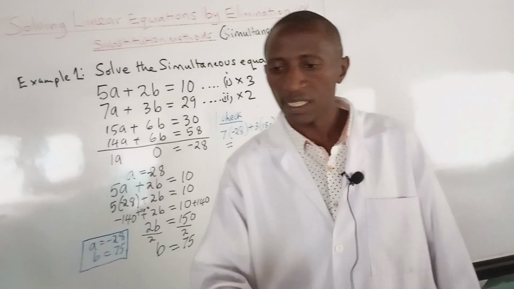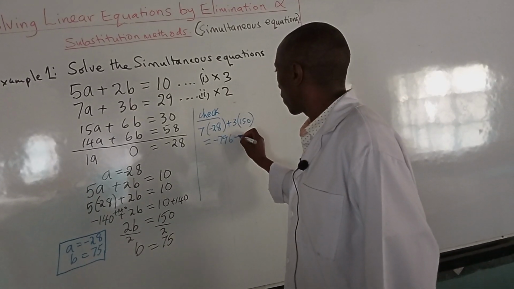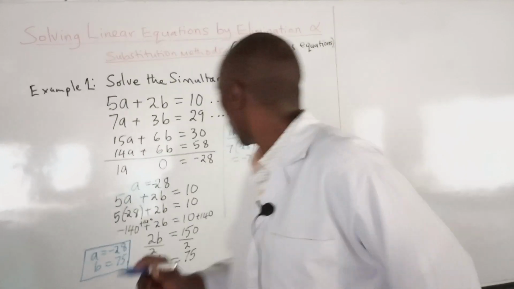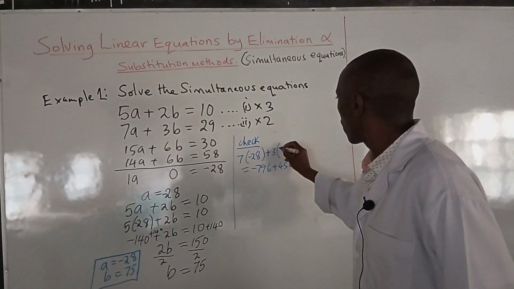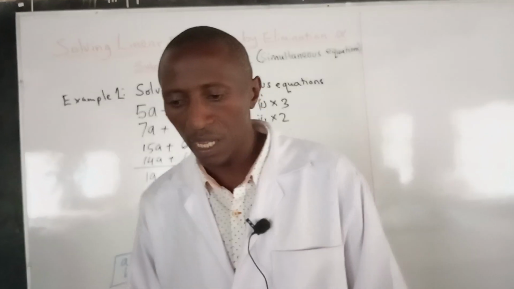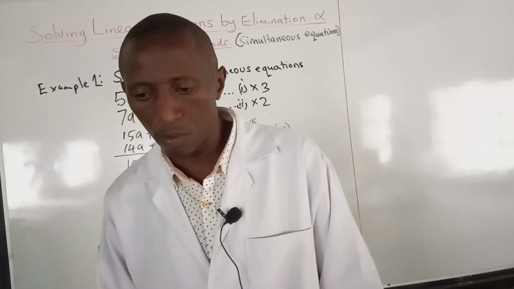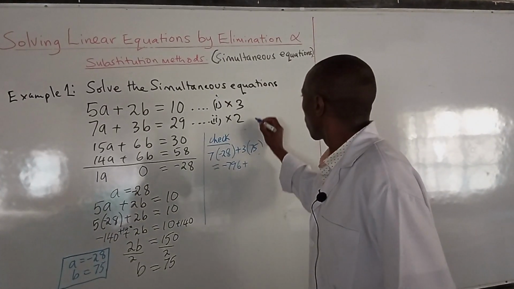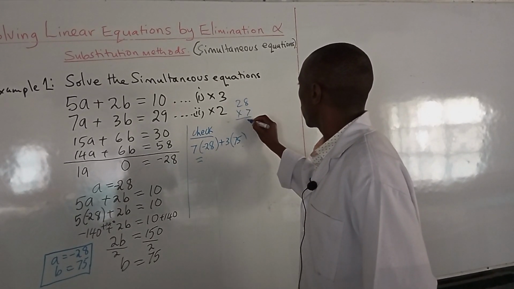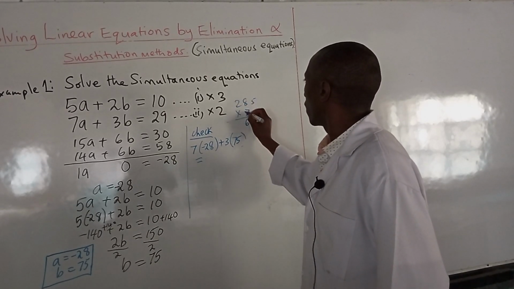So you find that that comes to be negative 796, negative 796 plus 225. Let's work that again. We have 28 multiplied by 7. We get, this is 56. We carry 5. This is 14.